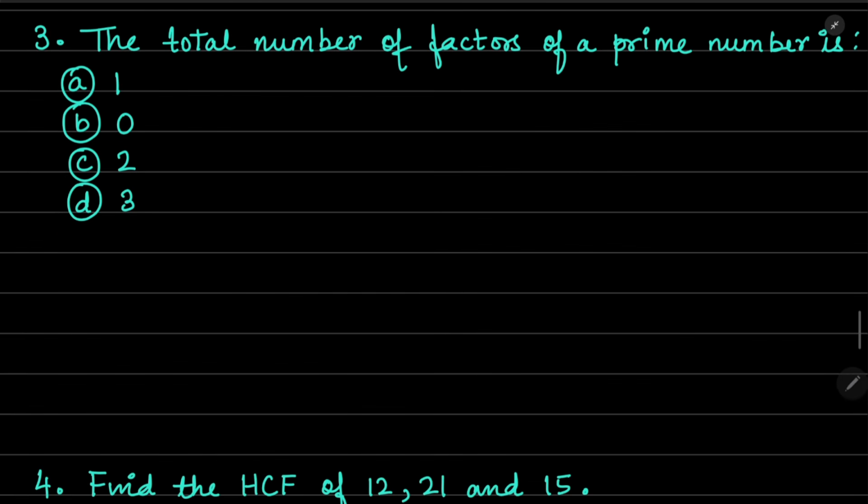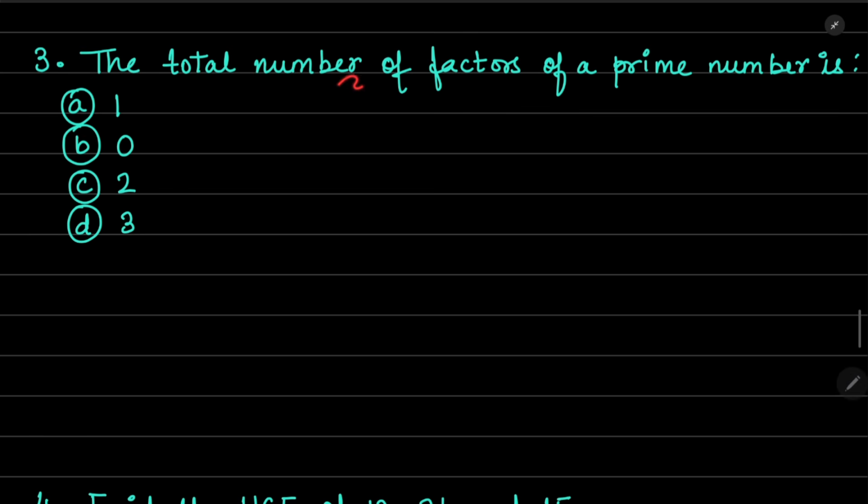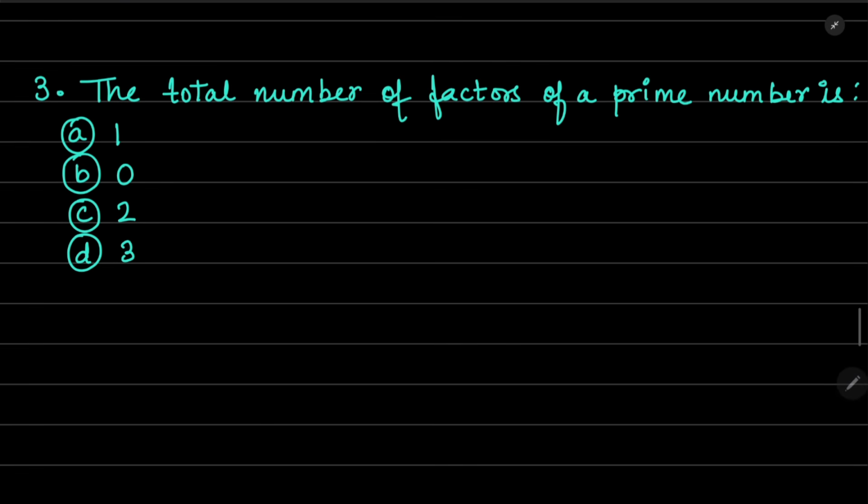Let's move on to the third question: the total number of factors of a prime number. What are prime numbers? Prime numbers are those numbers which have only 2 factors, 1 and the number itself.